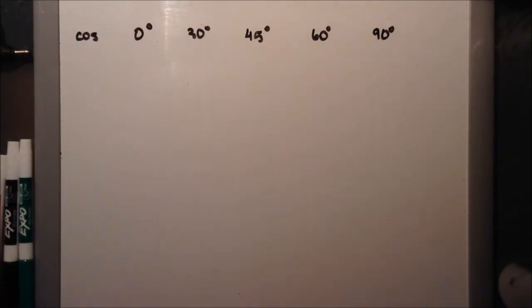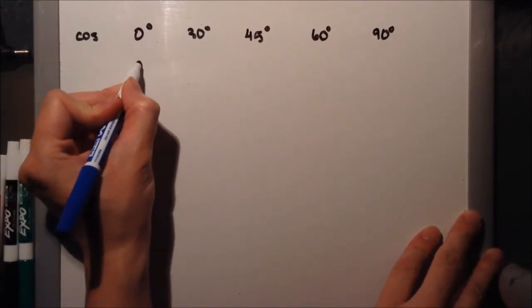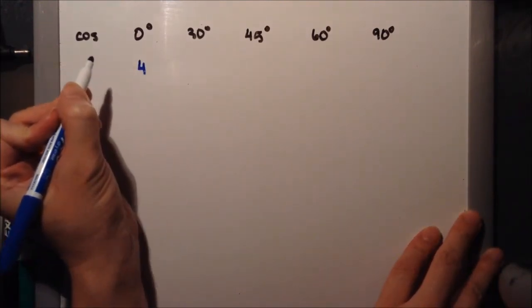Alright, now I'm going to talk about cosine. Cosine of 0 degrees, 30 degrees, 45 degrees, 60 degrees, and 90 degrees. So just like sine, you start off with 0 and you count up by 1. Now with cosine, it's going to be backwards. So the number we're going to start off with is 4, and then we're going to count down by 1.